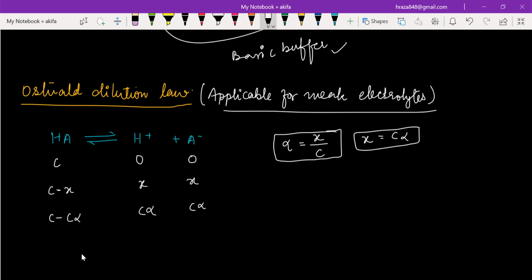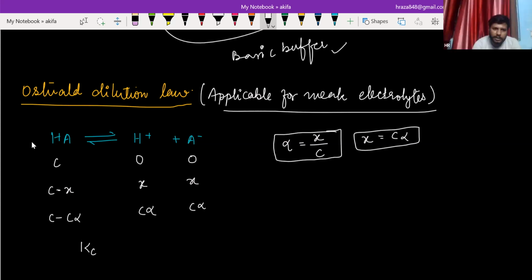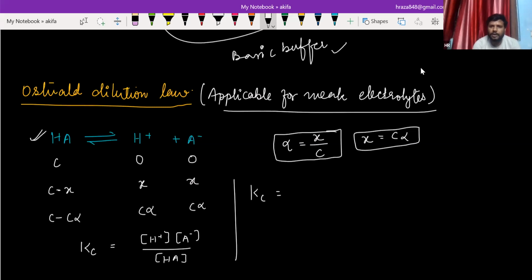Yes. Now going to write Kc for this reaction. Kc for this reaction will be equal to H plus into A minus upon HA. The concentration of H plus, you can easily see, is C alpha into C alpha, and the concentration of HA is C minus C alpha.